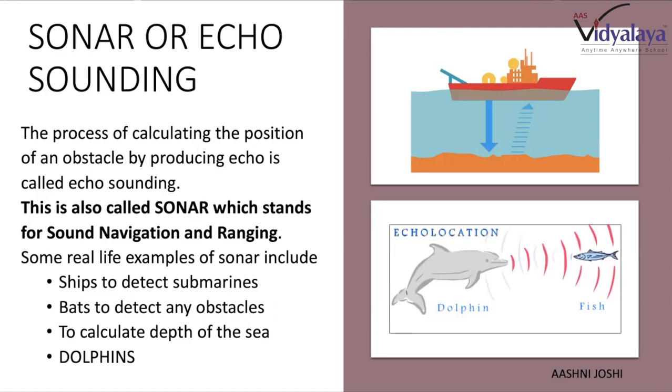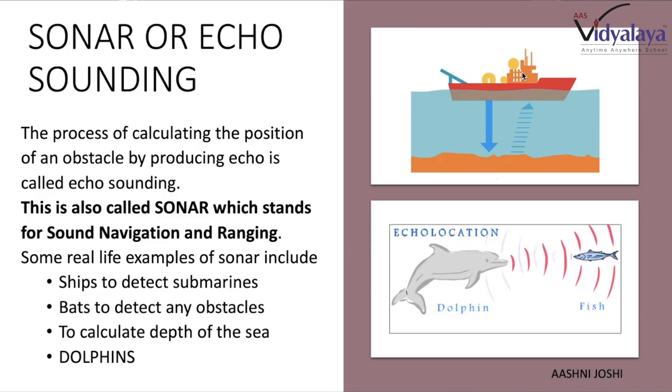Firstly, there is ships to detect submarines. Here, the source of sound waves is the ship, and the obstacle can be anything. It can be an enemy submarine, it can be a sunken ship, and it can also be a whale. So here in this diagram, you can see more picture like than diagram. So if this is the source of sound, it produces sound waves which travel to this obstacle and they reflect back to the ship.